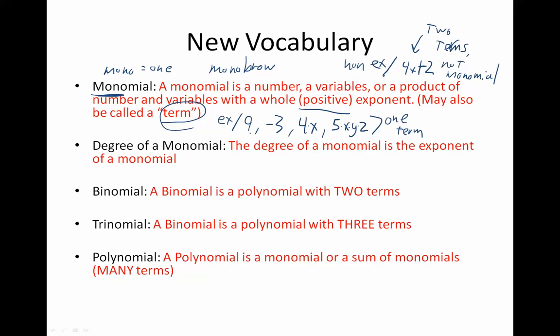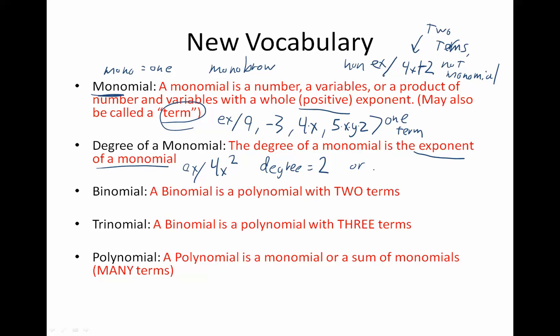In our next slide, we're going to have you looking at things and identifying them, so you'll want to know those. Degree of a monomial. The degree of a monomial is the exponent of the monomial. So, for example, 4x squared: the degree equals 2.